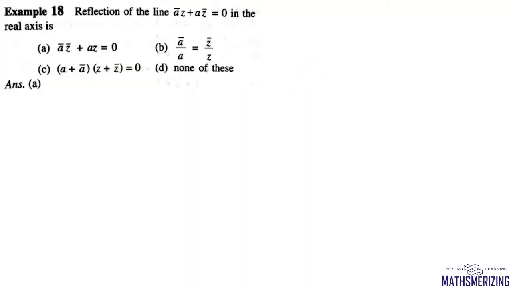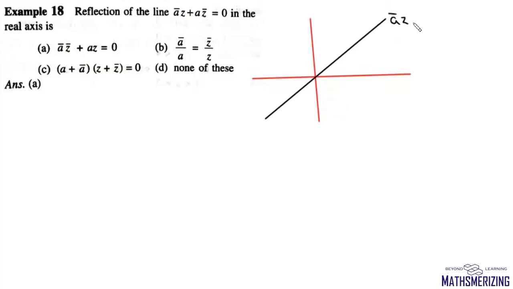Now here the question is, we need to find reflection of this line in the real axis. Now first we'll draw the axis, and then we'll draw this line, and this line will pass through origin. So this line is a bar z plus a z bar equals 0. Now we need to find equation of reflected line.